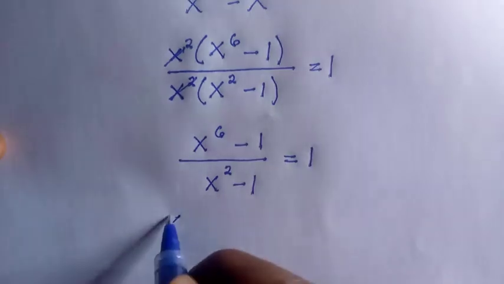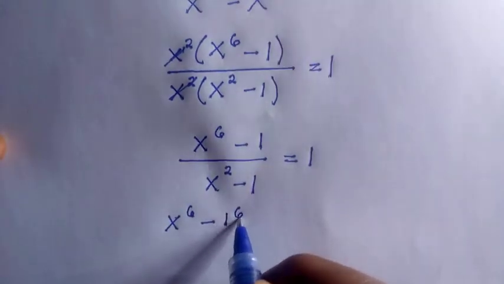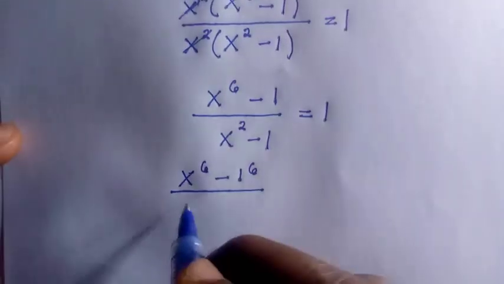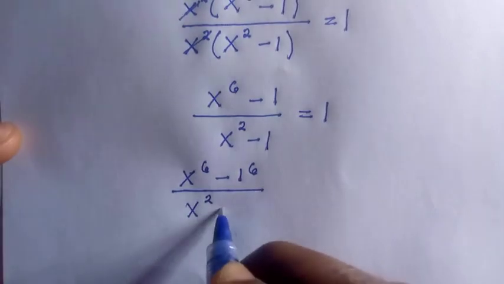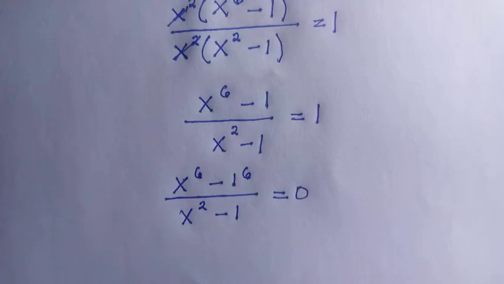On getting to this stage, suppose we have x to the power of 6 minus 1 to the power of 6, divided by x to the power of 2 minus 1 equals 0.